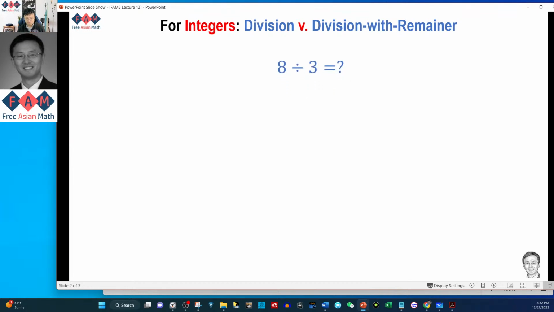So for integers, which is the only thing that we have so far, how do we understand this operation, a divided by b?